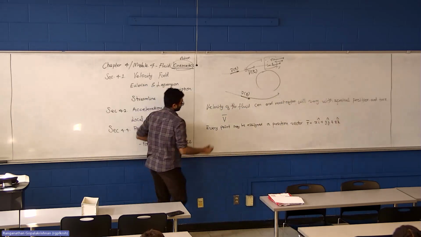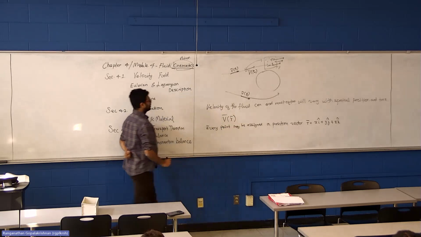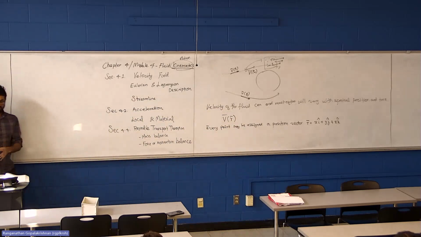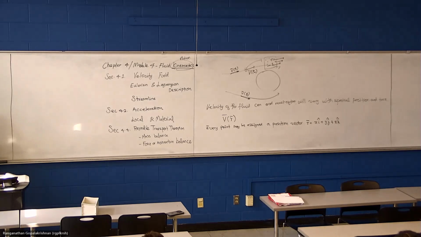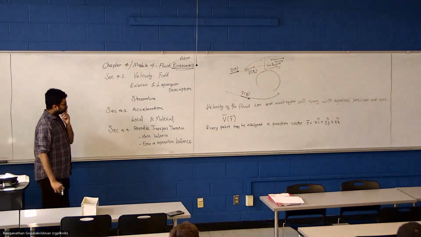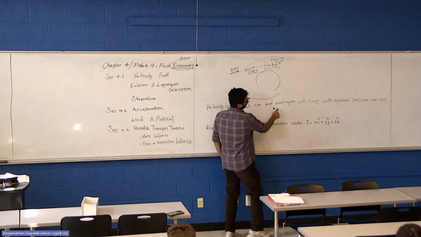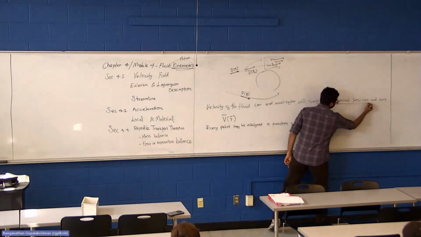So we'll say this velocity depends on the position vector. It depends on position. That is part of the statement: the velocity of the fluid will most often vary with spatial position.